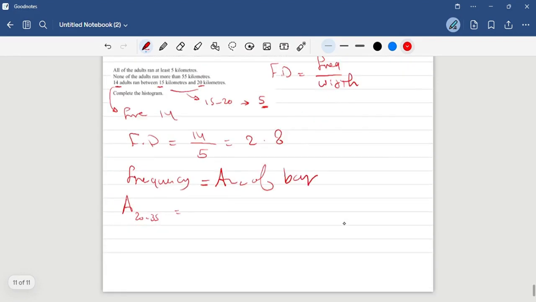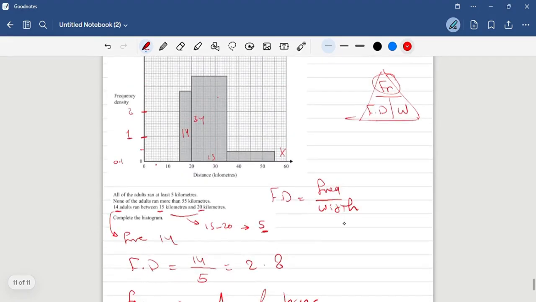So for the bar, it will be 15 multiplied by 3.4. Do you understand this? What about this one? It starts from 35 and ends at 55, so it means 20, right?